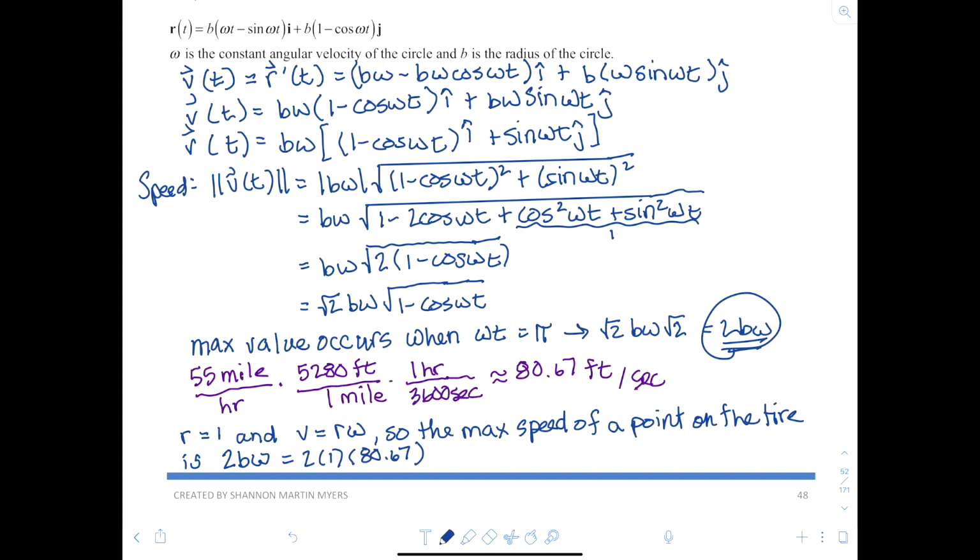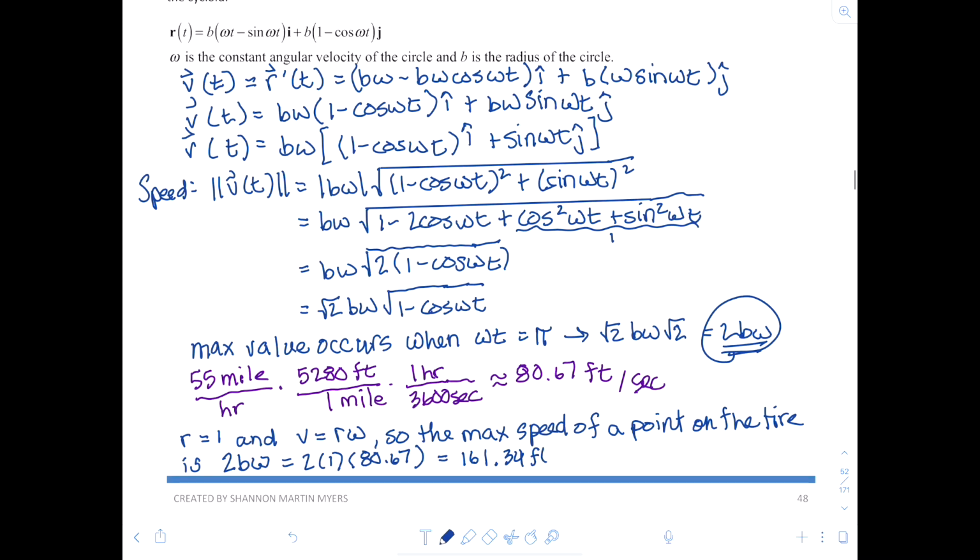And that ends up being 161.34, and that's in feet per second, which gives us approximately 110 miles per hour.